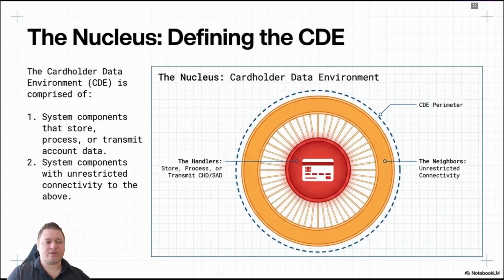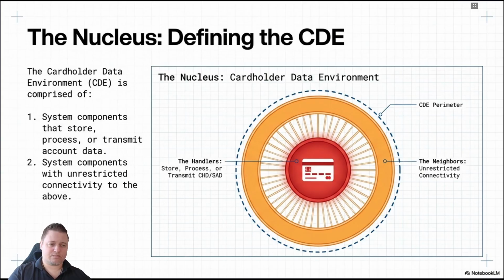This is an example of a nucleus, and I can use it as defining the CDE scope as well. Basically, the nucleus of the cell is the cardholder data environment, the CDE. Now, the cardholder data environment is comprised of system components that store, process, or transmit account data, and system components with unrestricted connectivity to the above. This also includes the handlers.